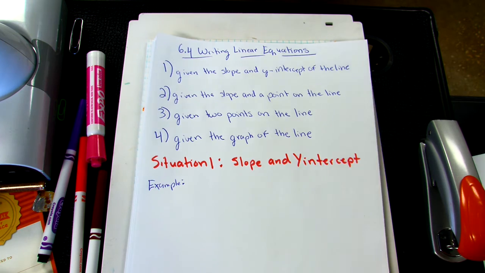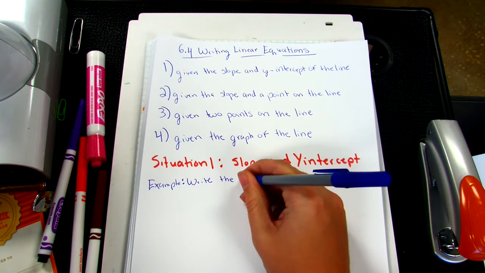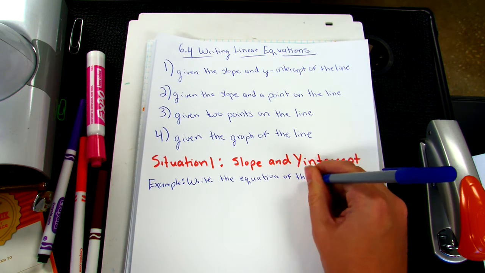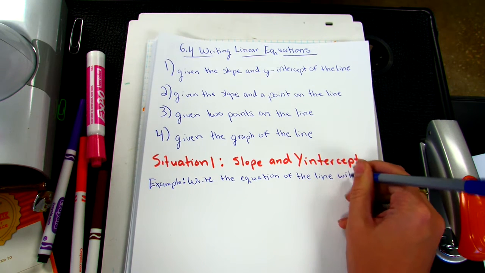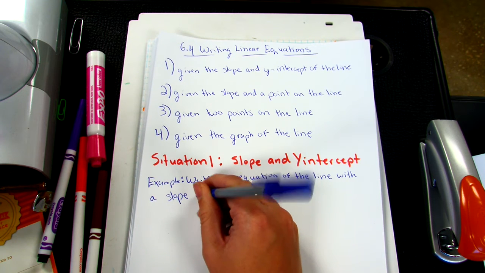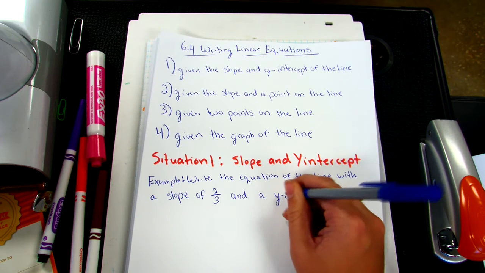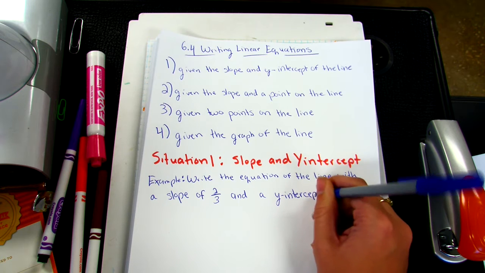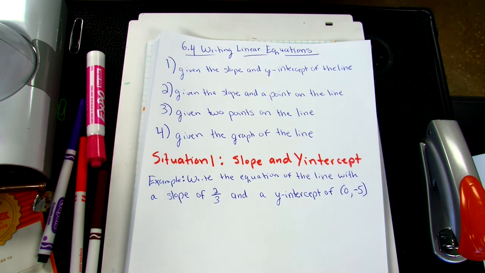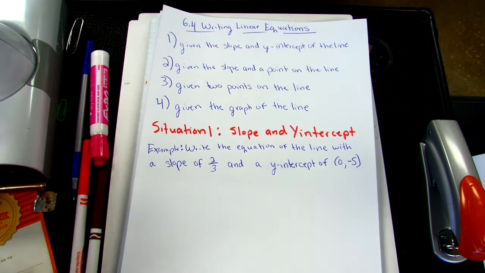We need to write the equation of the line with a slope of 2/3 and a y-intercept of (0, -5). Okay, so in order to write this equation, we have to remember what slope-intercept form means, right?